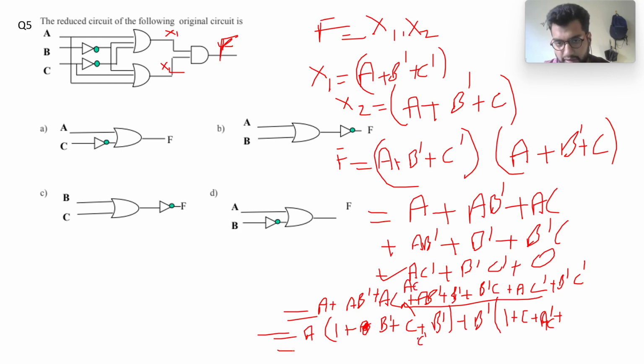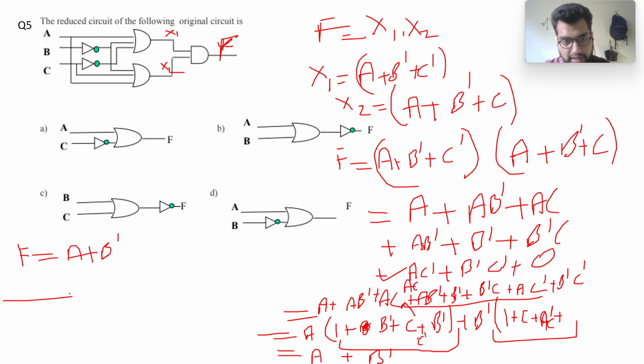So ultimately, doesn't matter whatever is in the bracket with the OR operation, this is equal to 1 only. So this is A plus B bar. So my F got reduced to A plus B bar.